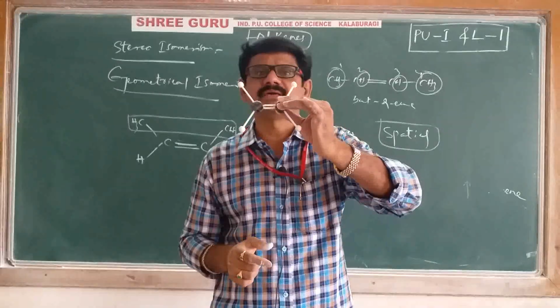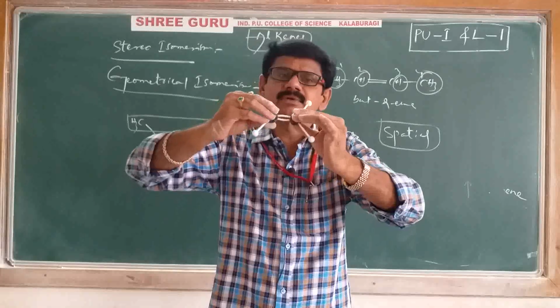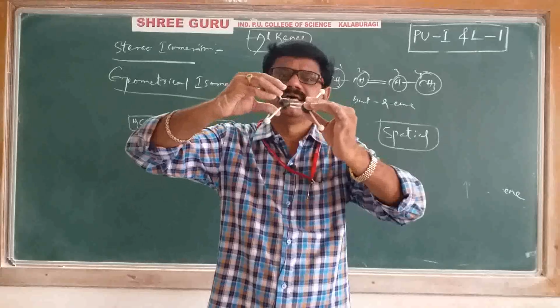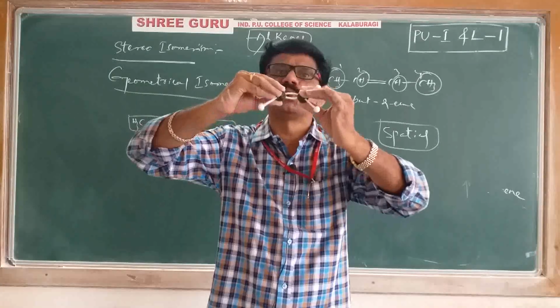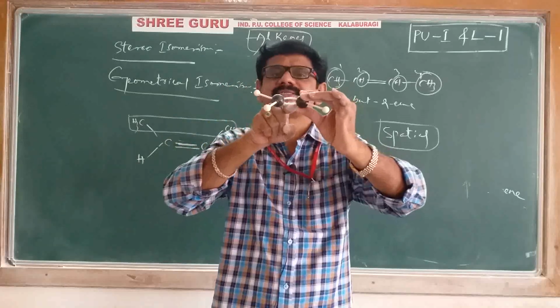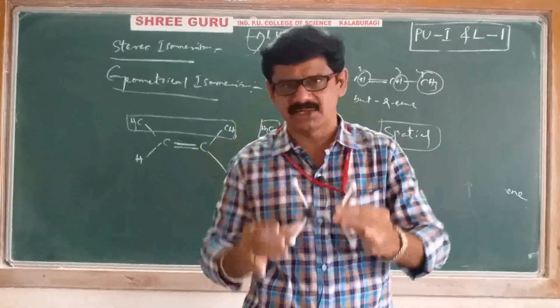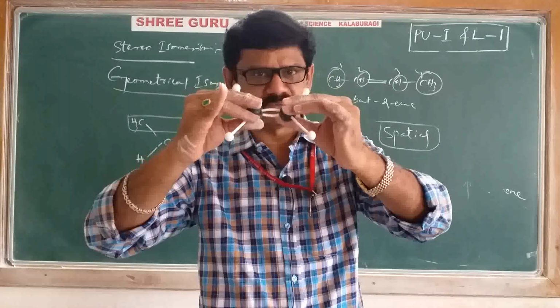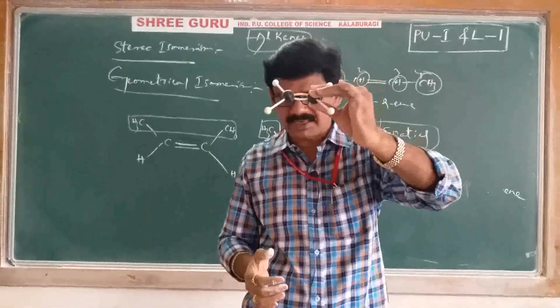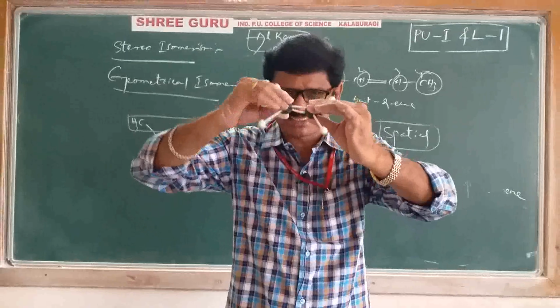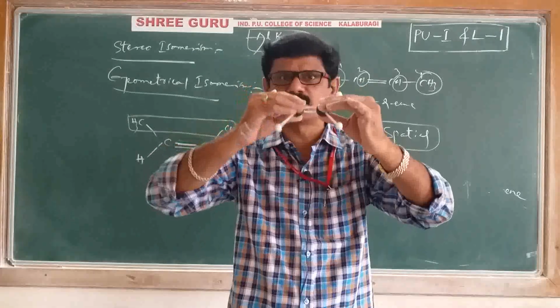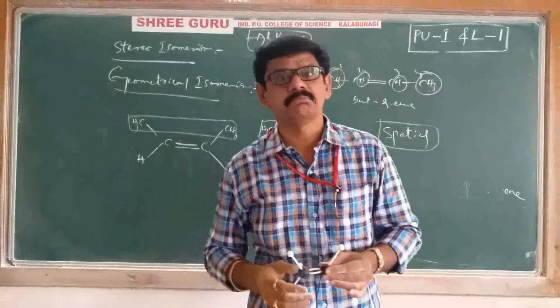One carbon I am keeping fixed, and the other carbon I am trying to rotate, but because of the double bond, rotation is restricted. Rotation is impossible.